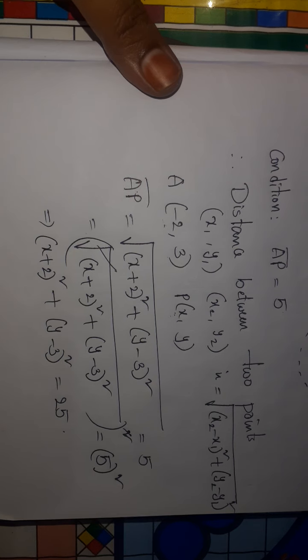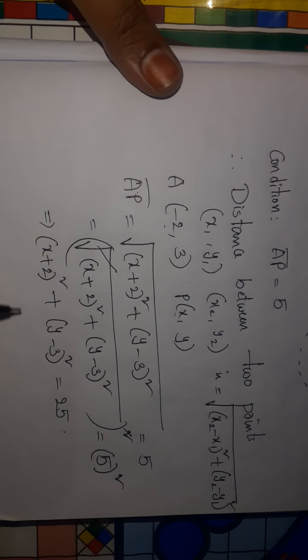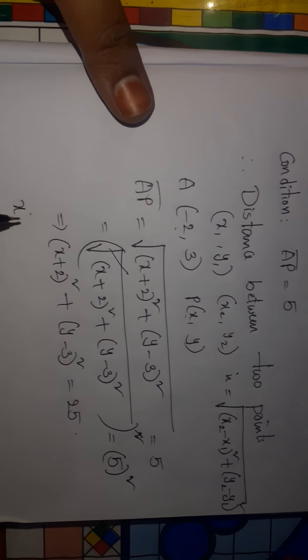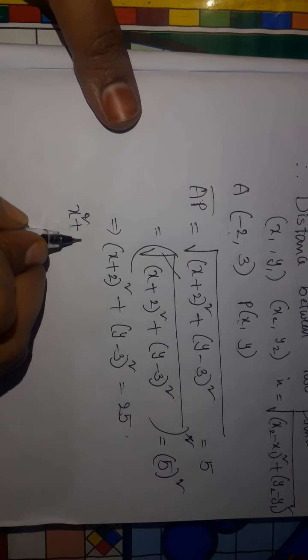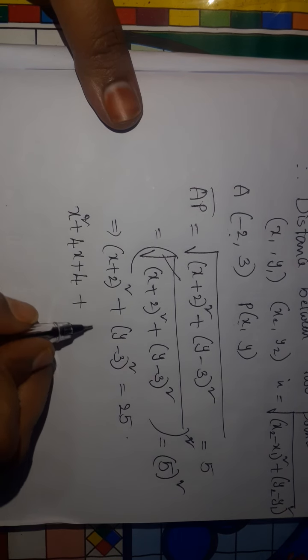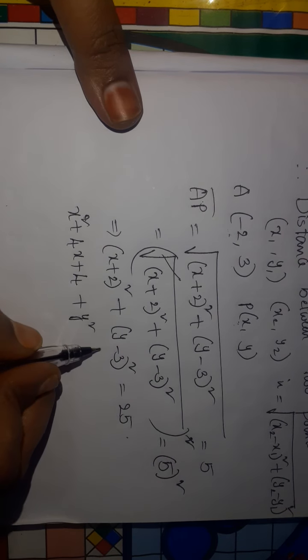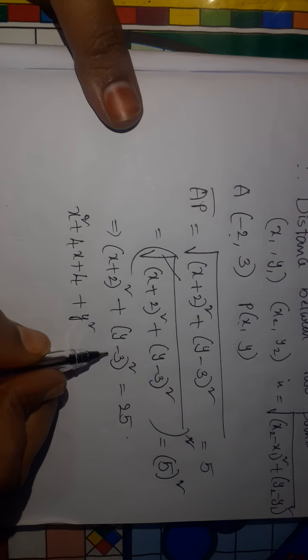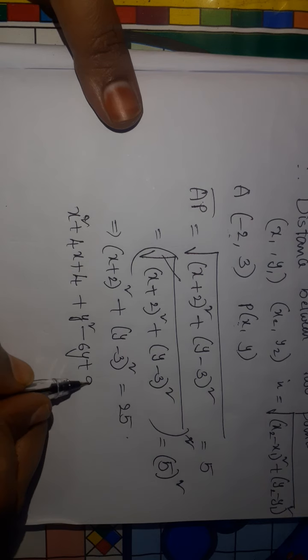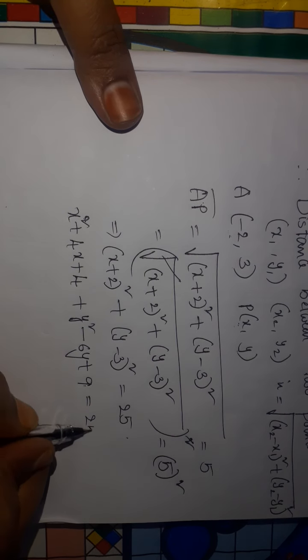Okay, this is a circle equation with center (-2, 3) and radius 5. You can simplify more. The (a plus b) whole square formula you apply. x square plus 4x plus 2 square is 4, and y square minus 2ab, that is 2 into 3 into y, minus 6y, plus b square, that is plus 9, is equal to 25.